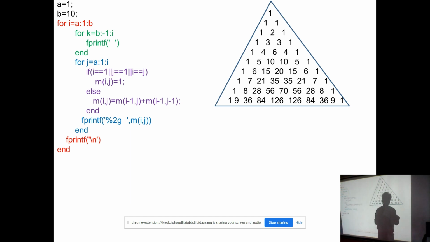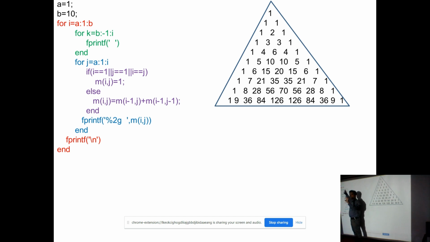What do you mean by that? Start with 10, decrement by 1 till you get 1. That's the meaning. So 10 the first time, next after minus 1 means 9 the second time, next minus 1, 8 the third time, so 7, 6, 5, till 1. So this loop is running 10 times.